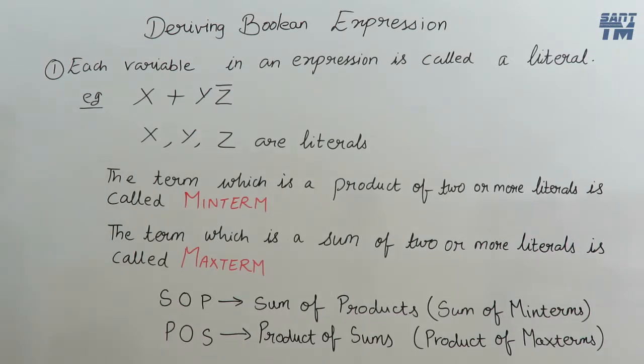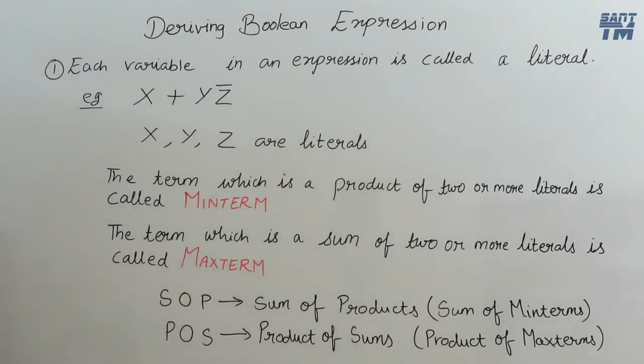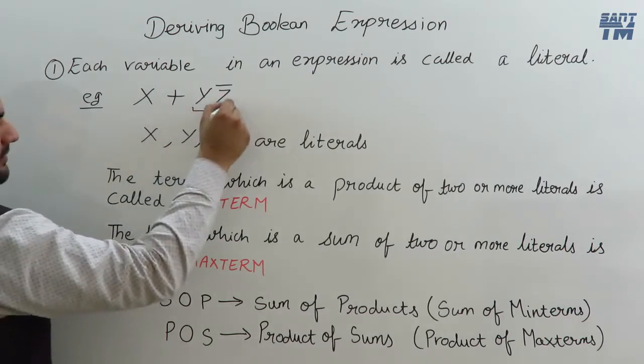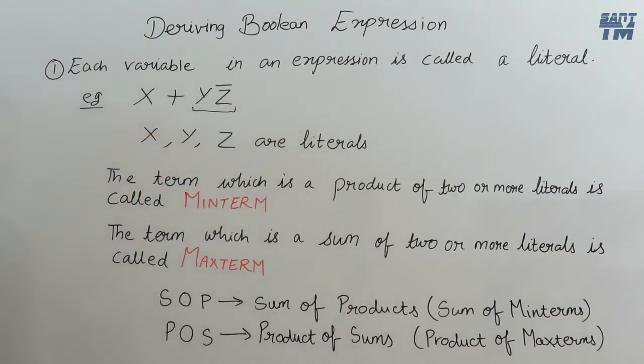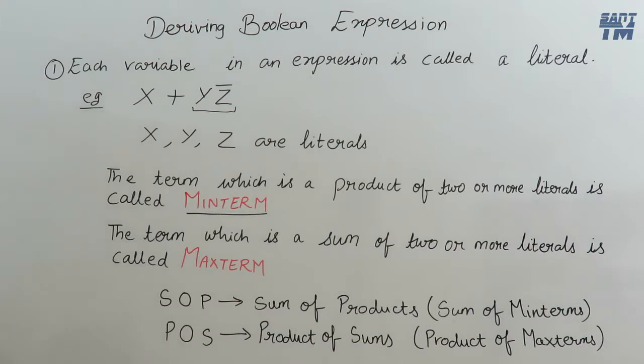Based on this understanding, a term which is a product of two or more literals is called a minterm. From this expression, see which term is a product of two or more literals. This term, obviously y and z bar, two literals, is a product of two literals. So these types of terms are called minterms in Boolean expressions. And a term which is a sum of two or more literals is called a maxterm.